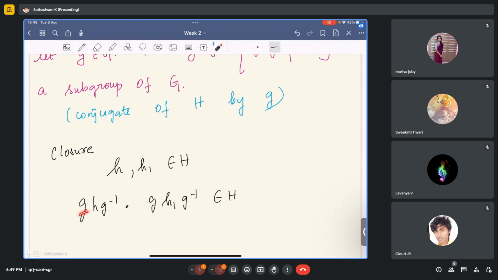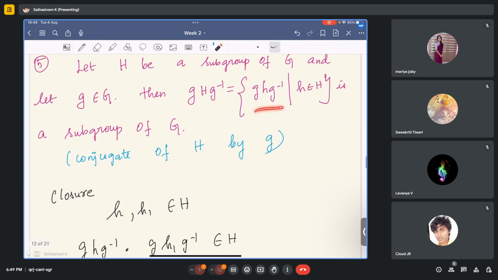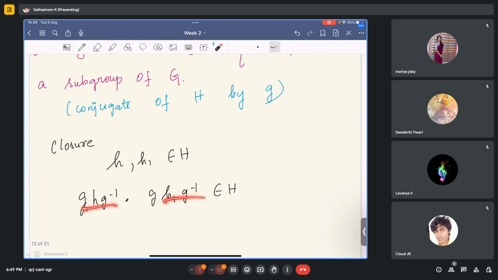So basically, I take two elements inside this set, and I want to say this product is inside it.